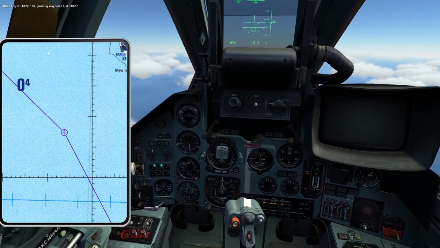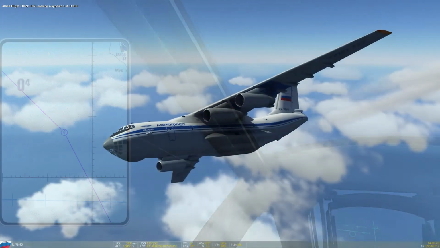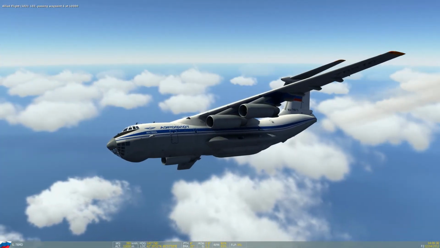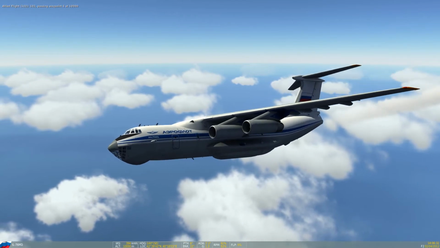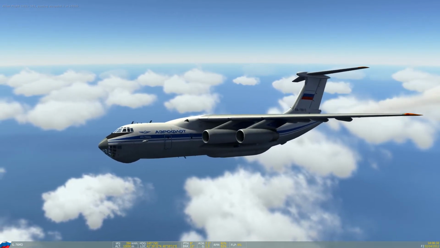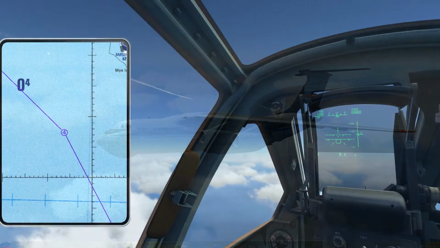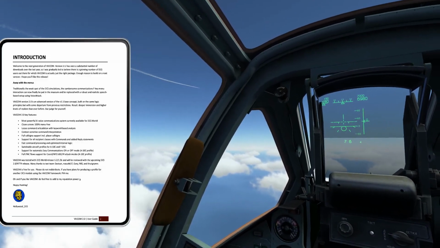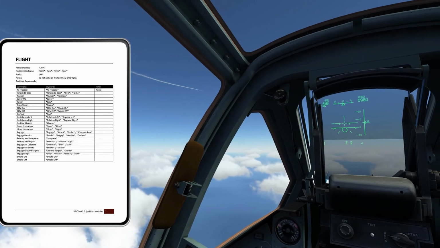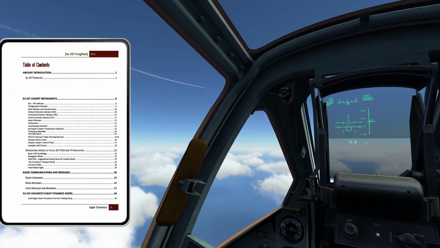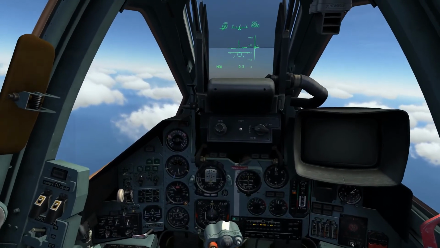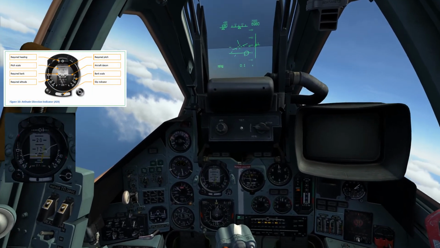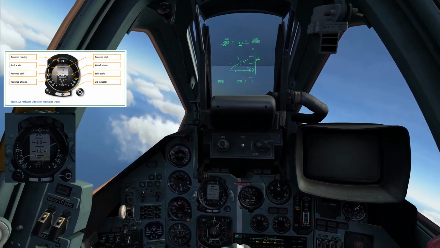So to demonstrate this, let's go back and I will demonstrate this on the ADI. I'm going to fly to the left of my waypoint.